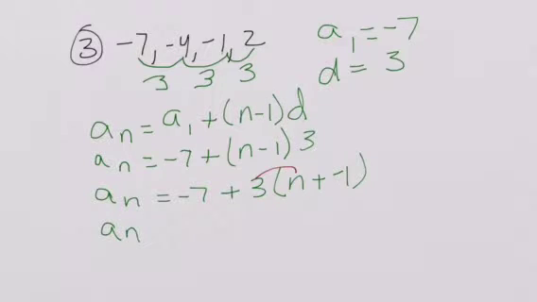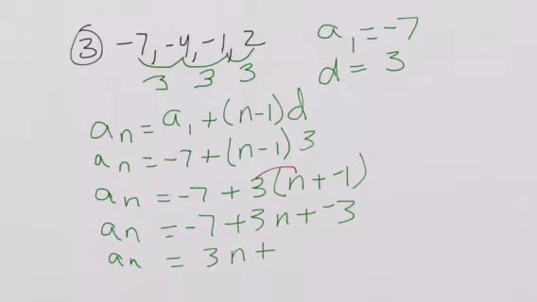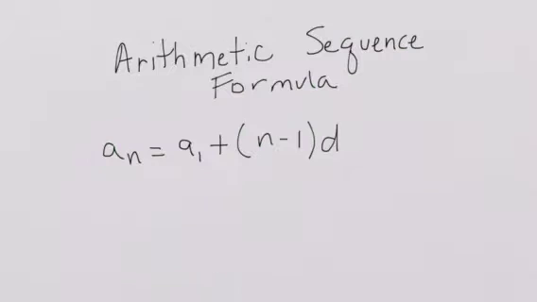So An is equal to negative 7 plus 3n plus negative 3. So An is going to equal 3n plus negative 10, and that's our equation. And that's how you use the arithmetic sequence formula in order to find an equation.